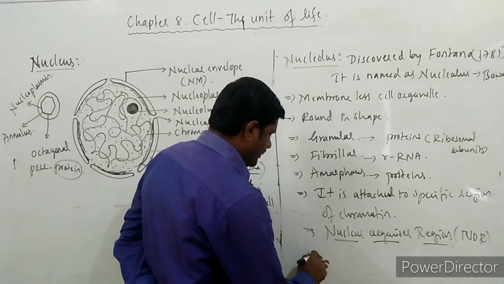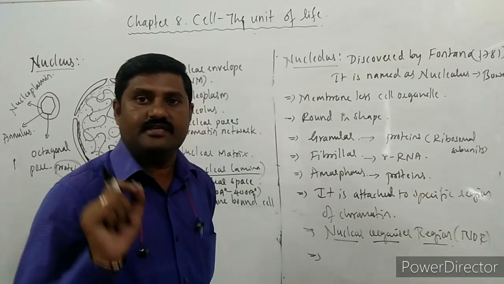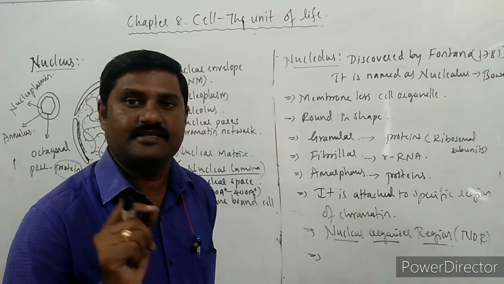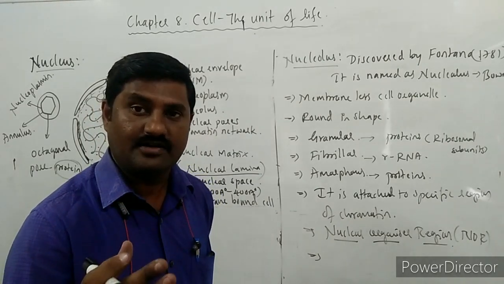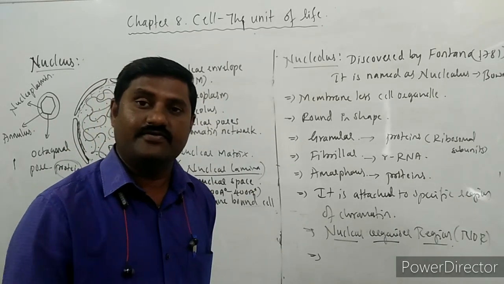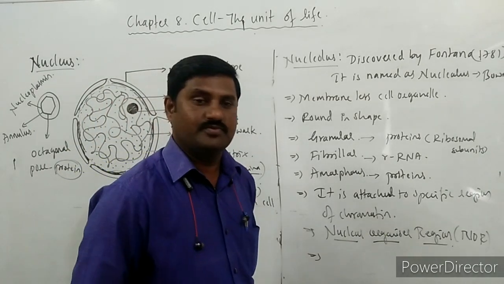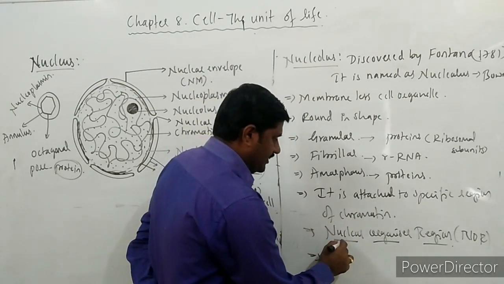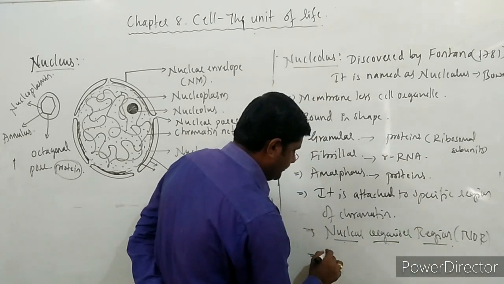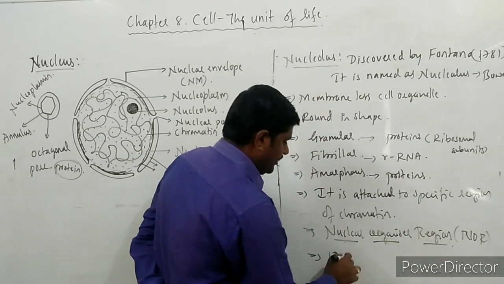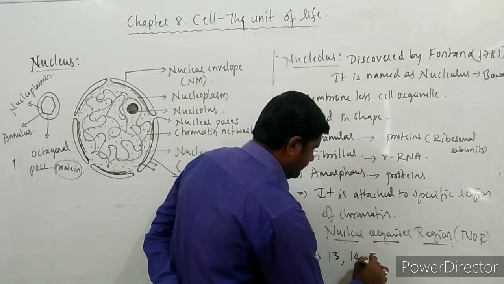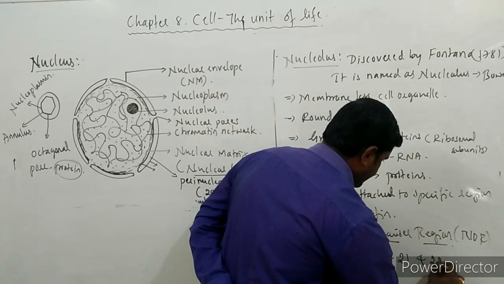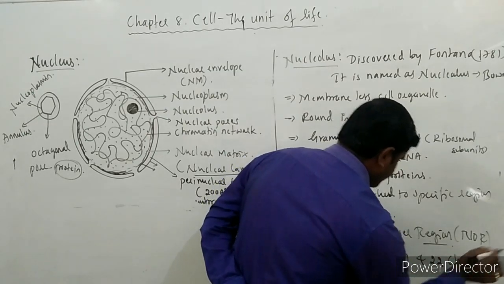Especially this nuclear organizer region is seen in the chromosomes at the SAT chromosomes, that is, satellite-having chromosomes. What are SAT chromosomes? I will discuss that when we study the chromosomes thoroughly. See here, this nuclear organizer region is especially present in chromosome numbers 13, 14, 15 as well as 21st and 22nd chromosomes.